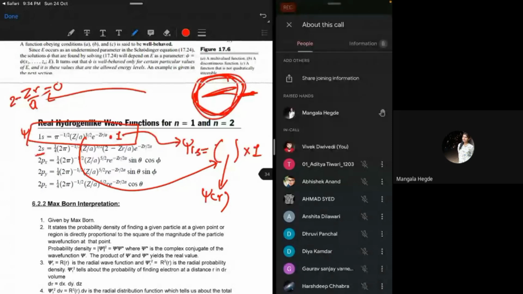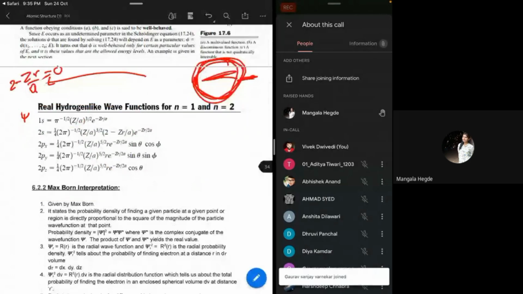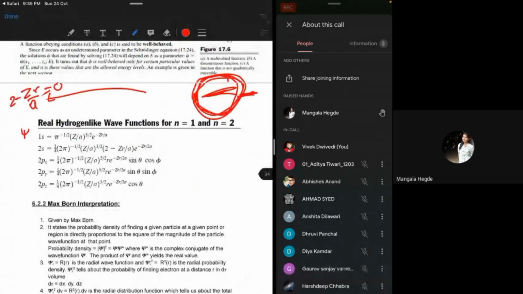No, it's not 2. Do you see any function in terms of theta or phi here for 2s? No, right? You don't see anything in theta and phi, so here also it is 1.